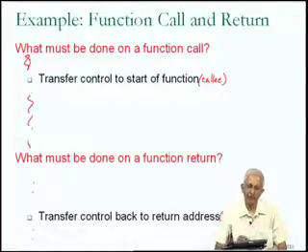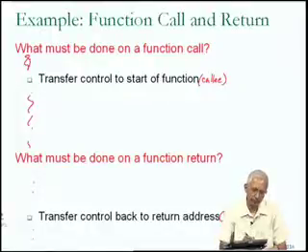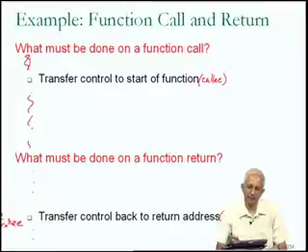This activity, the transfer of control, is going to be an instruction inside the callee, inside the function which was called. Remember that the function return is inside the callee, and therefore the instruction which does the transfer of control back to the return address is going to be inside the callee.